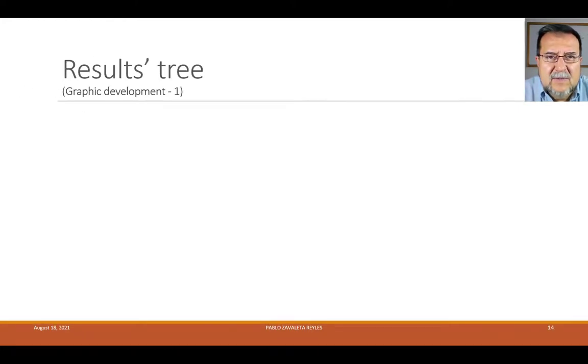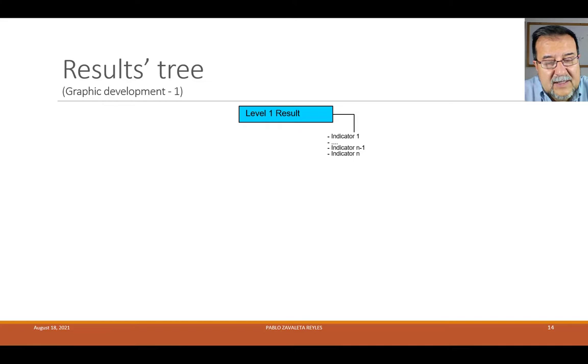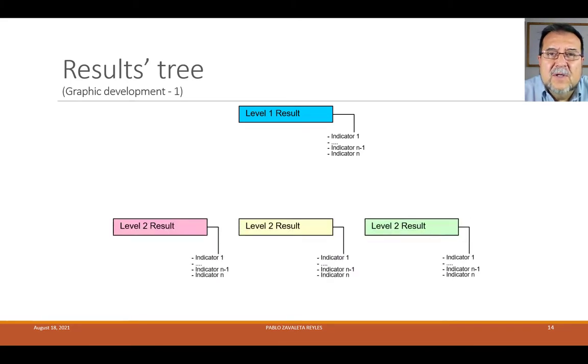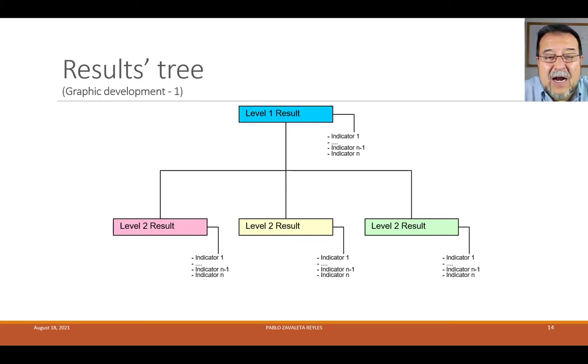Now let's show it in a graphical form. Let's say we have a level 1 result that has its own indicators, 1, 2, whatever. This result is composed of level 2 results. Results that are lower in complexity, but in aggregate, all three of them make level 1.